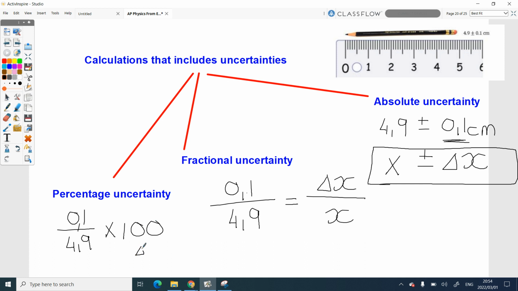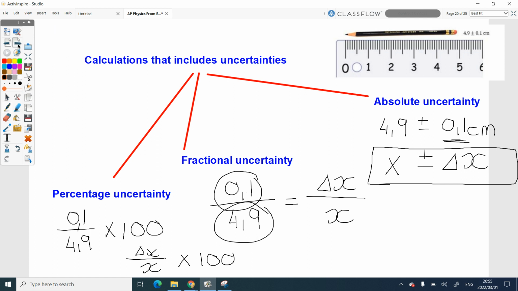Again, if we do it in terms of x, it's the change in your values over your value times 100. Don't get confused with these fractions when we move on, because all it means is the uncertainty over your value. It gives you your fractional uncertainty in that specific value.